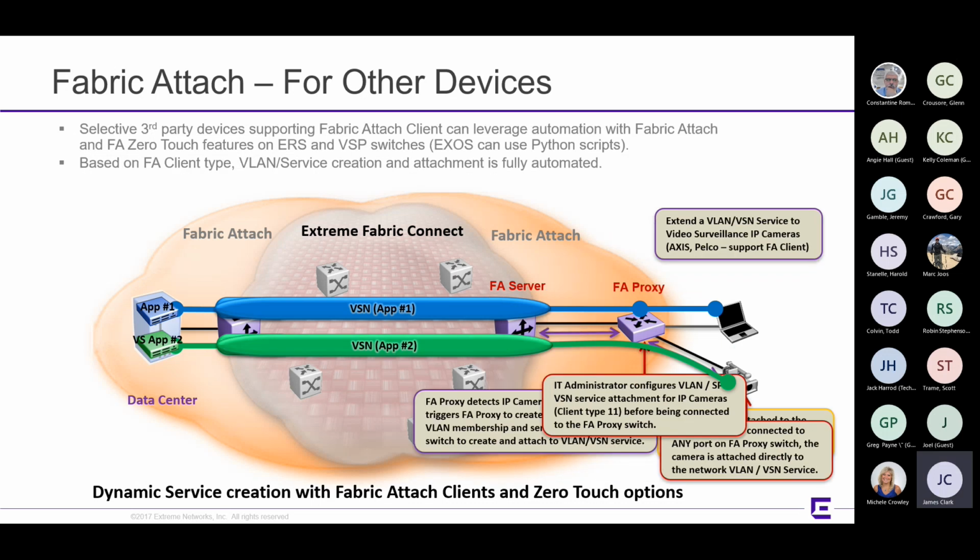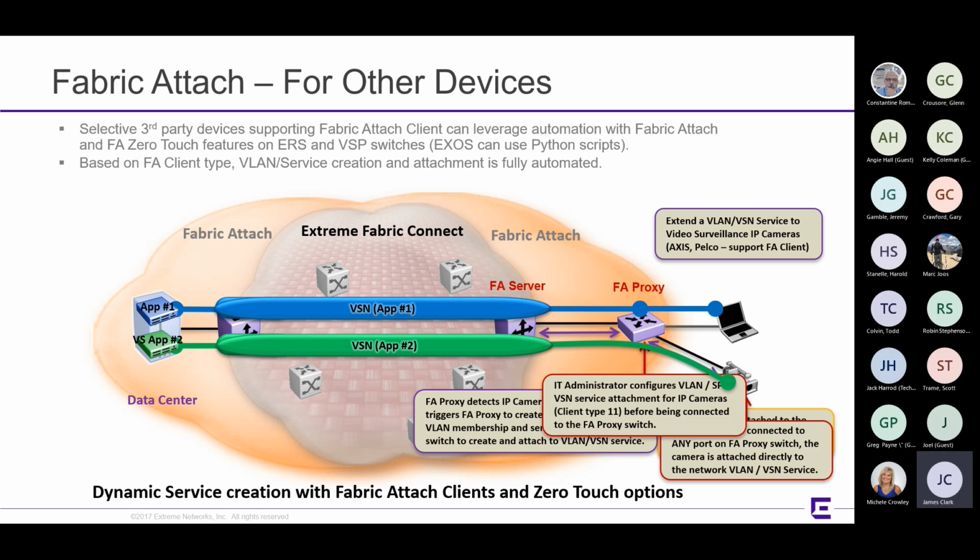What I'm not really showing here is that typically, if that node, the laptop there on the right-hand side, were an AP, a camera, etc., those types of devices would automatically get assigned an IP address as well. In this particular example, we'd actually have to provide some type of IP address to the VLAN on that fabric attach proxy.